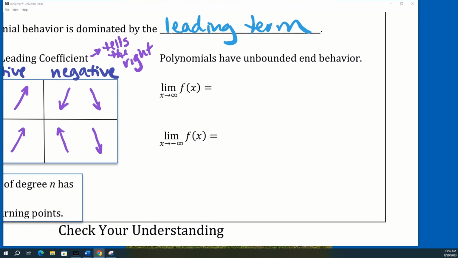All polynomials, which is what we're talking about right now, have unbounded end behavior, which means that the limit as x approaches infinity of f of x is either going to be infinity or negative infinity. And same thing as x approaches negative infinity.